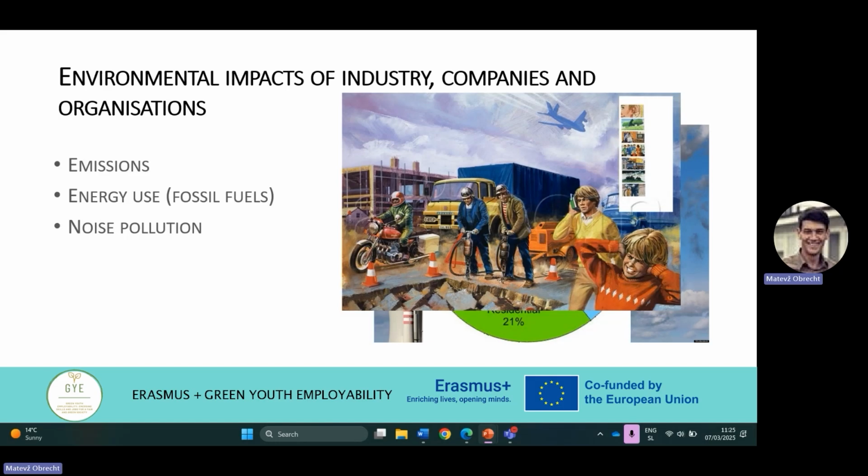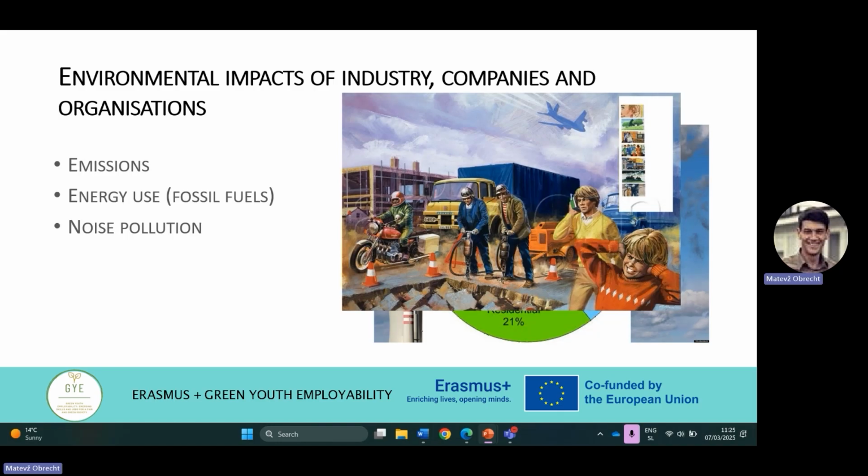It can impact human health. It can also impact the value of your real estate because nobody wants to buy real estate close to an industrial facility, and so on. So it's also a negative impact that causes environmental and social impacts.